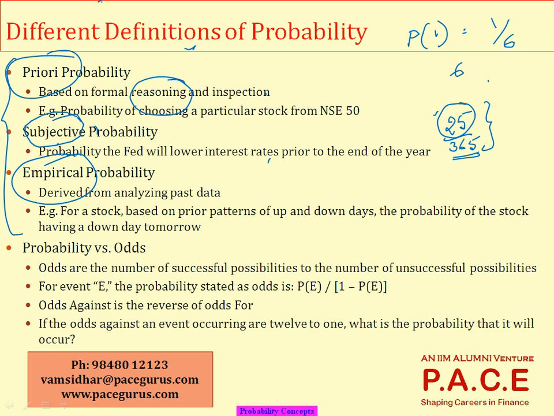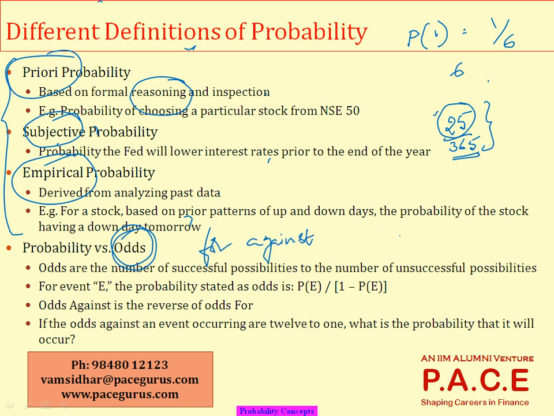So probability can be defined from these three possible dimensions, right? Depending on which definition suits our business requirement, we would be using that appropriate definition and then calculate the probability accordingly. Sometimes people talk about probability in connection with odds for or odds against a particular event.